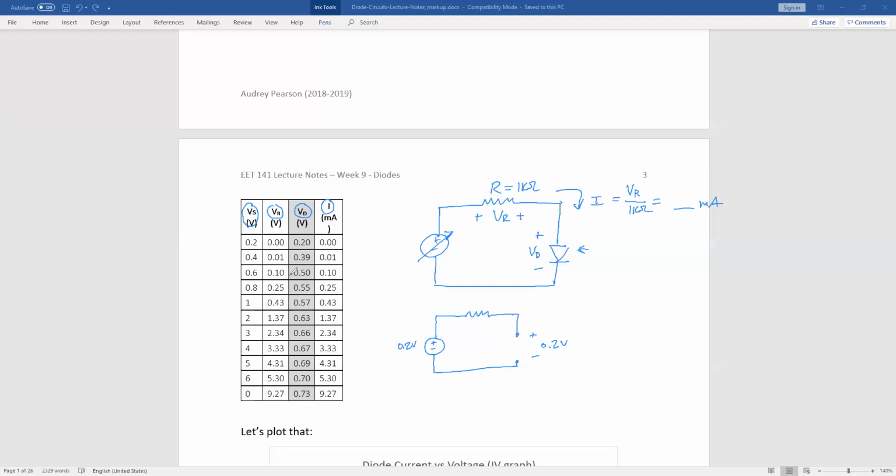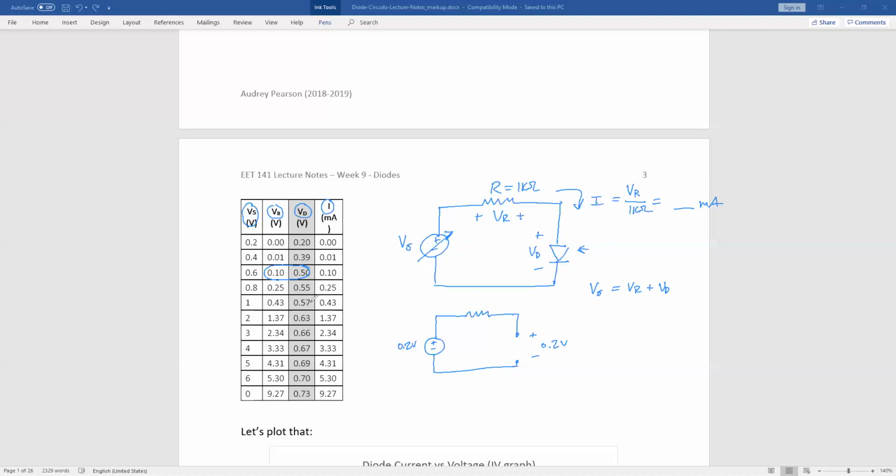Now we're going to see more voltage across this diode and also some voltage across this resistor, because now we have some current flow. Also, if you add up the voltage across the resistor and the voltage across the diode, you have to get the voltage supplied, because that's just Kirchhoff's voltage law. The sum of all the drops in that circuit has to equal whatever is supplied.